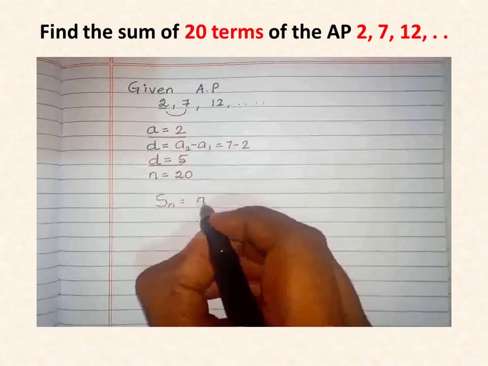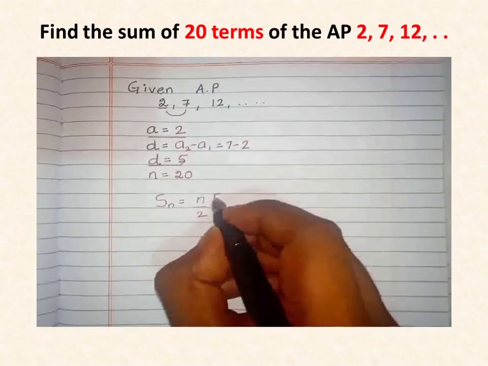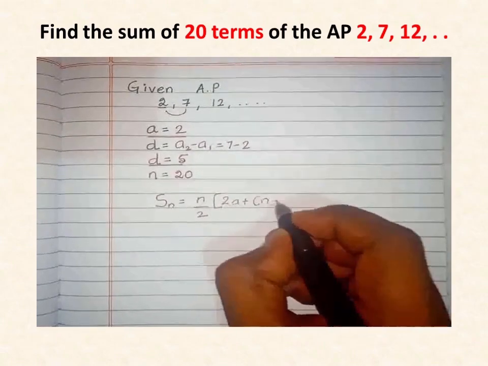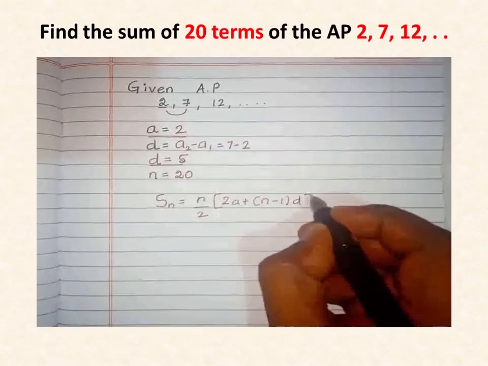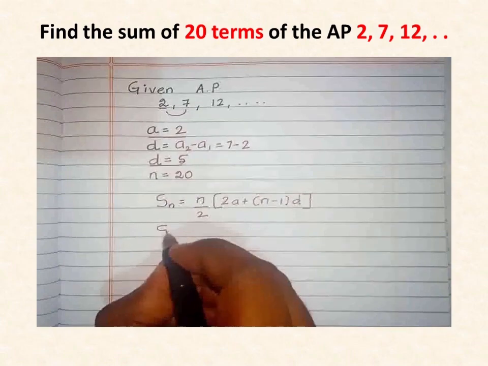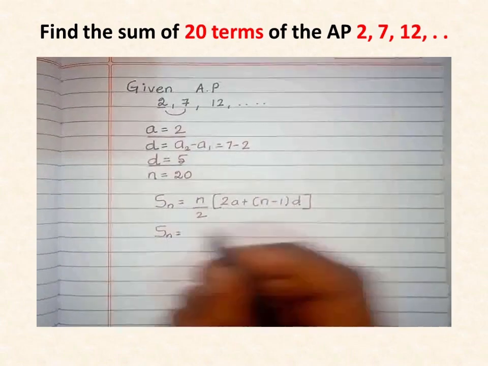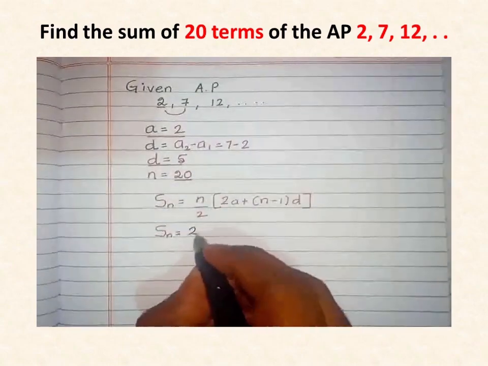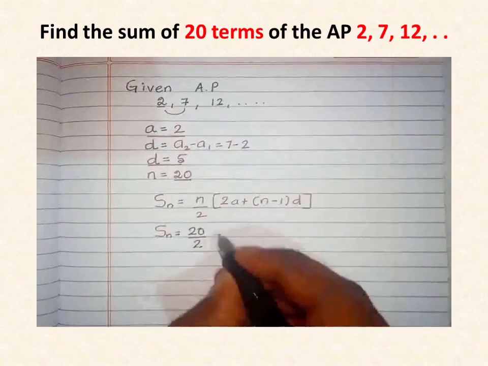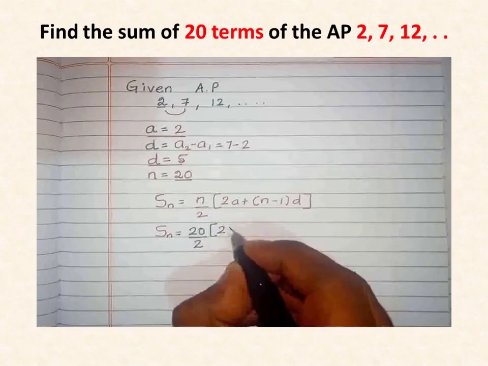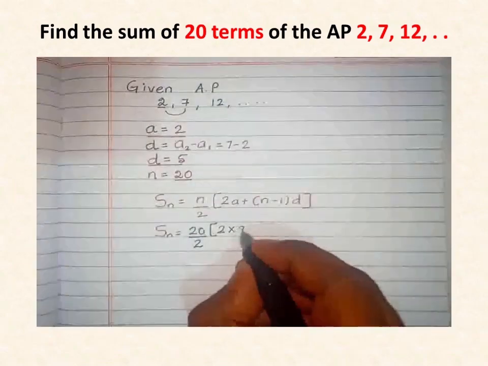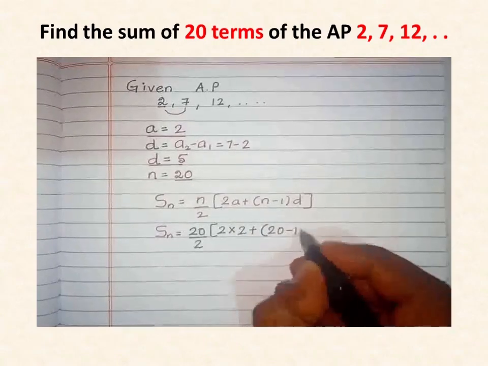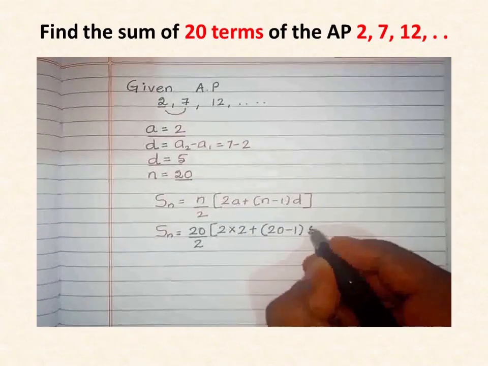Sn equals n by 2 into 2 times A plus n minus 1 into D. Now substitute the values of n, A and D. n is 20 by 2 into 2 times A, value is 2, plus n value is 20 minus 1 into D is 5.